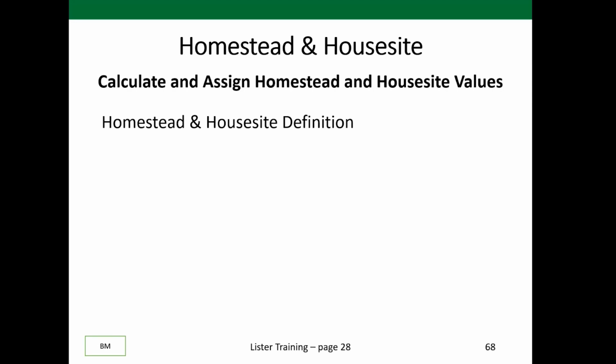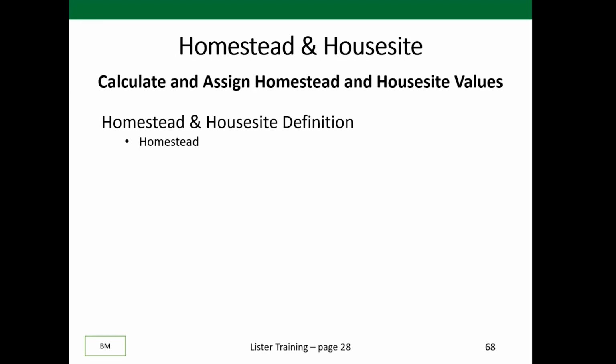Do you want me to go ahead and read the definitions for homestead and house site, Christy? I think so. I think that's going to be our easiest way for some folks that might be new. Okay, so as we've mentioned before, it is the responsibility of the listers to establish these subsets of your value. So it's a portion of the overall listed value, and we're going to assign bits and pieces to homestead and house site.